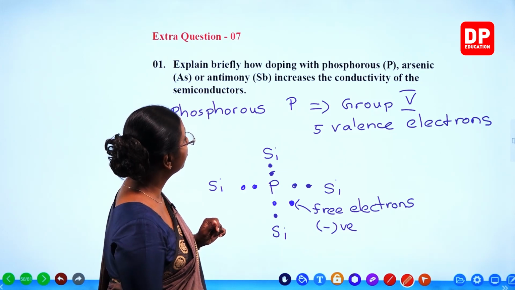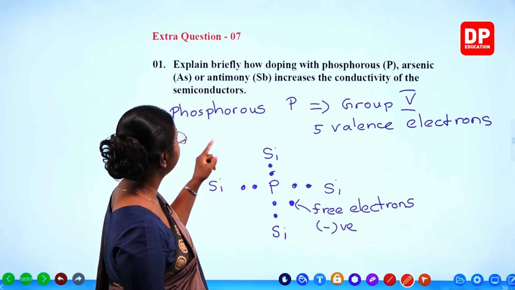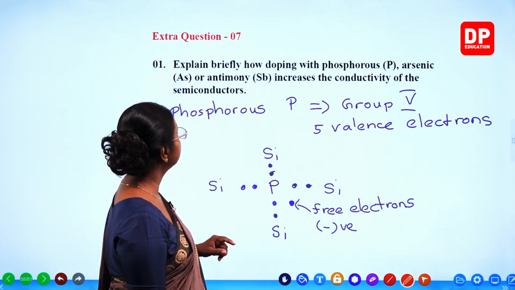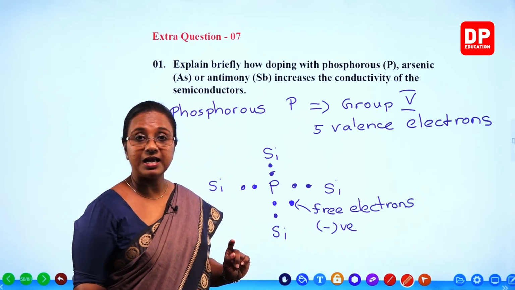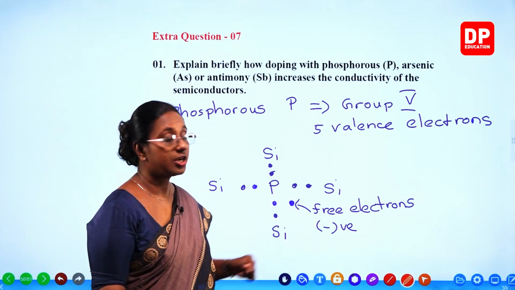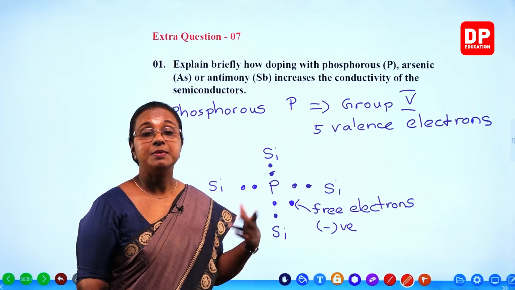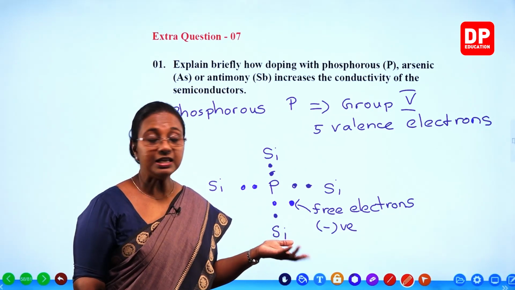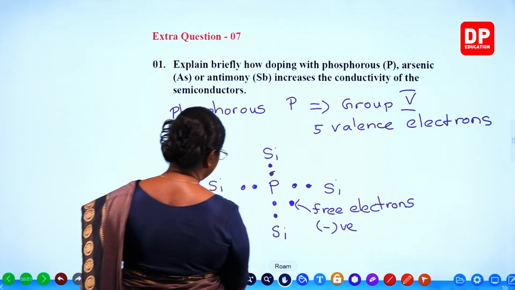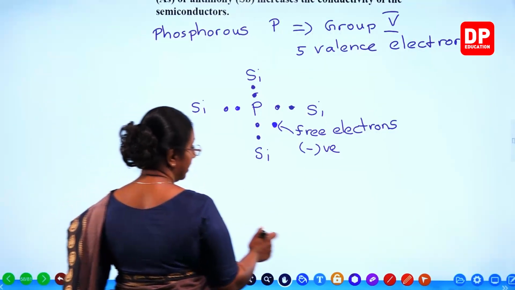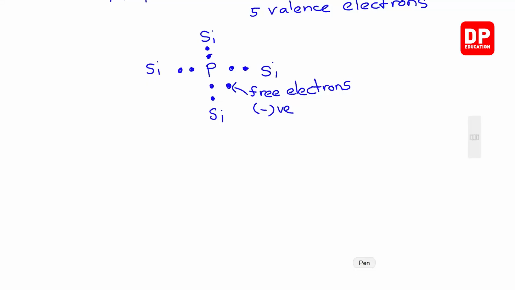Explain briefly how doping with phosphorus, arsenic or antimony increases the conductivity of the semiconductors. There are additional free electrons. Because of that, the conductivity increases. So we have to explain that as well.